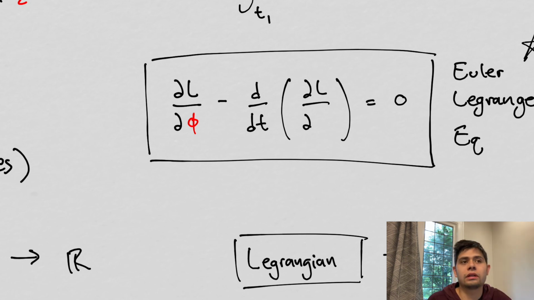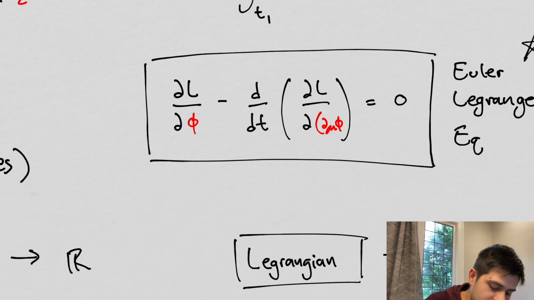So it's not the position of some classical object like a component in our Atwood machine. This is a value in a field. So similarly, this would be the derivative of the value in our fields.